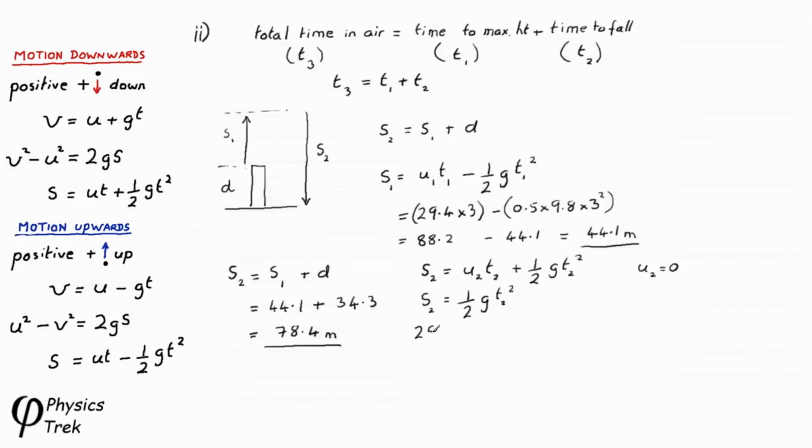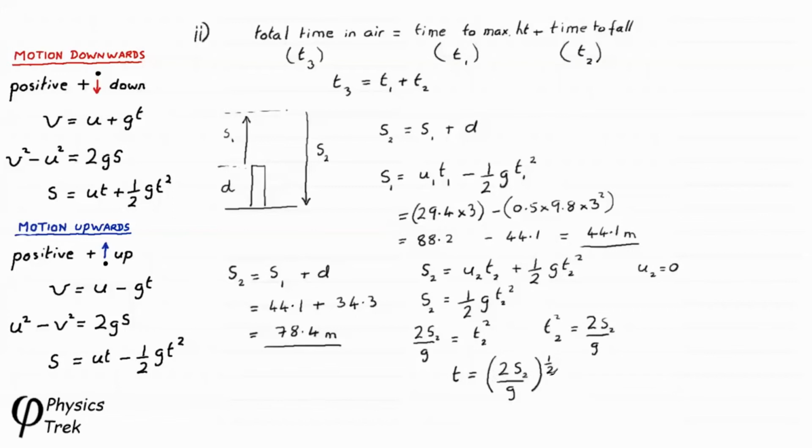To put t2 squared on its own, we multiply both sides by 2 and divide both sides by g. So we're left with t2 squared on the right. Turn the equation around, so t2 squared is equal to 2s2 over g.